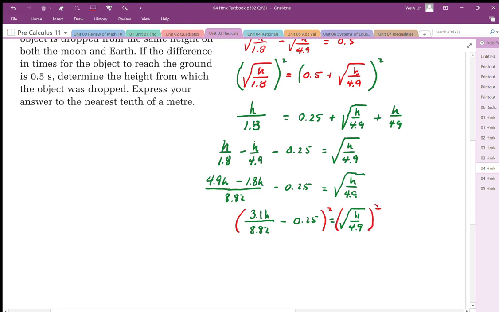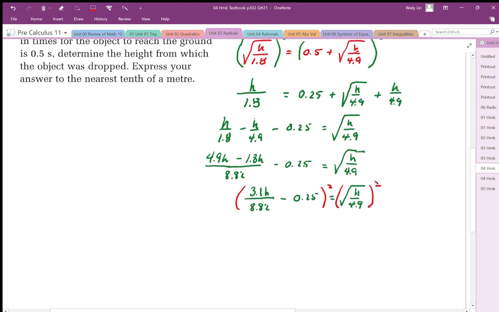Again, the fact that I'm squaring both sides introduces a possibility of an extraneous root. So when I square this now, 3.1 squared in the numerator is going to give us 9.61h squared all over the denominator. Actually, let's simplify this first. Let's make this coefficient into a decimal since we are dealing with decimals. So let's go 3.1 divided by 8.82. That gives us a coefficient of 0.351.